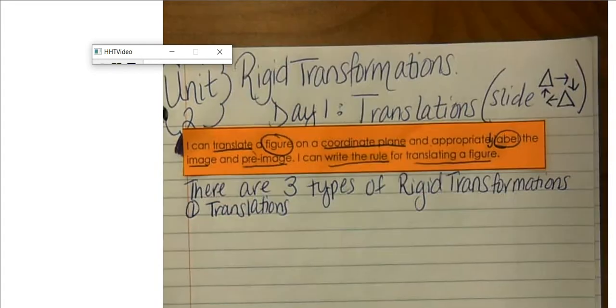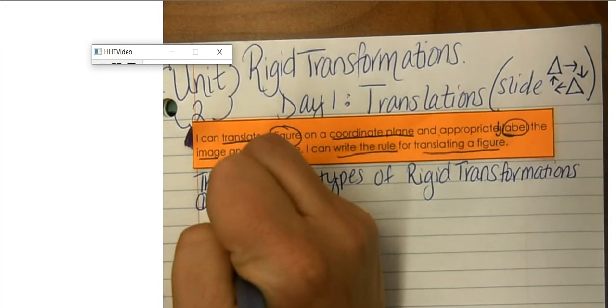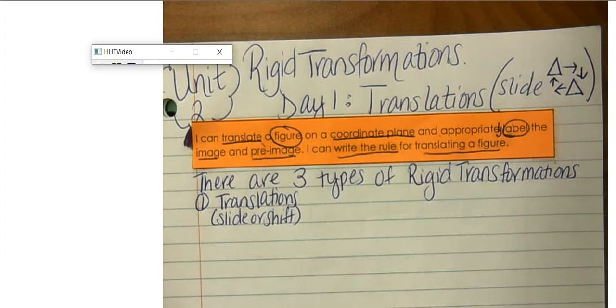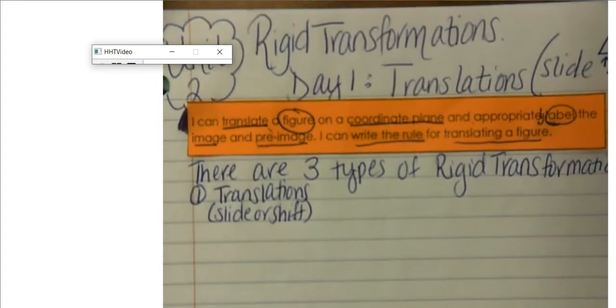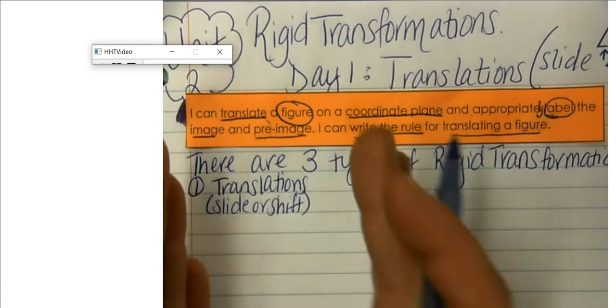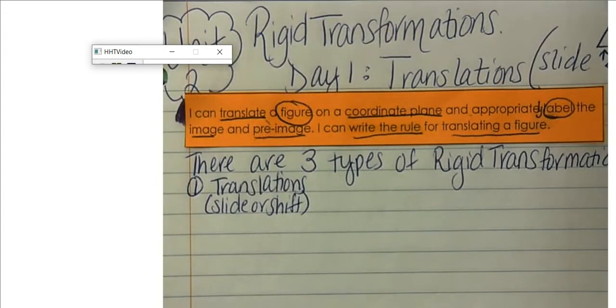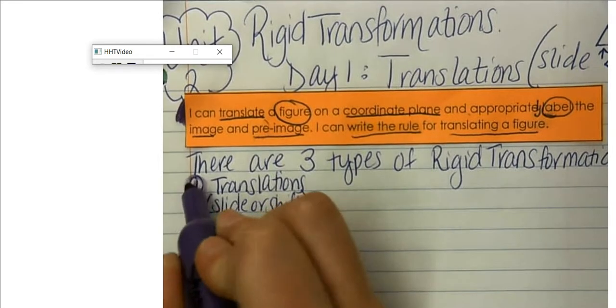And a translation happens whenever you slide or shift your figure left, right, up, or down. So that is called a translation. It's where you slide a figure left, right, up, or down. And that is what today's topic is all about today. Today we are learning about translations.